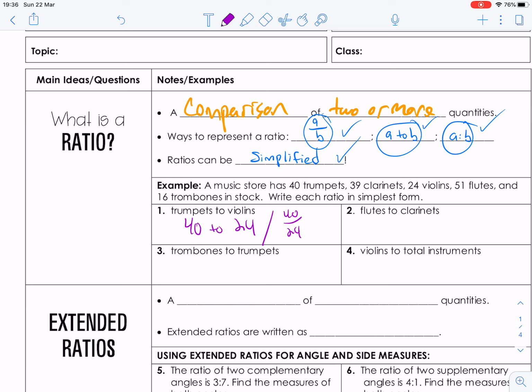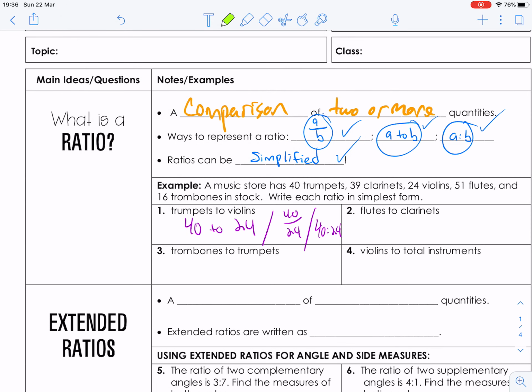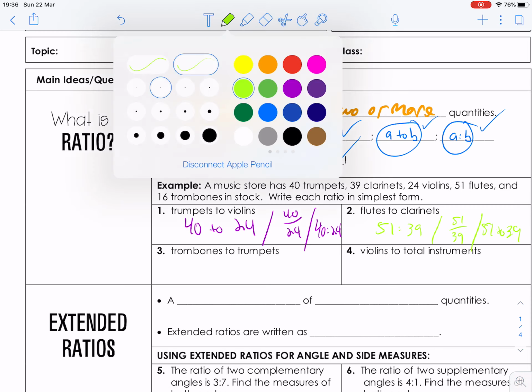We could also write it as 40 colon 24. Okay? Flutes to clarinets. 51 flutes to how many clarinets? 39. Also write that as 51 over 39. Also write it as 51 to 39. All 3 of those work, okay?